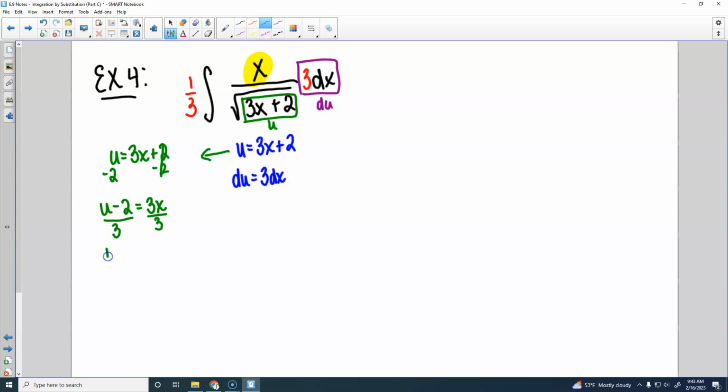Again, I'm going to go 1/3 U minus 2/3. I just think it makes it a little bit easier to deal with to do it that way, but you can leave it U minus 2/3 if you prefer. So that x right there can be replaced with 1/3 U minus 2/3.